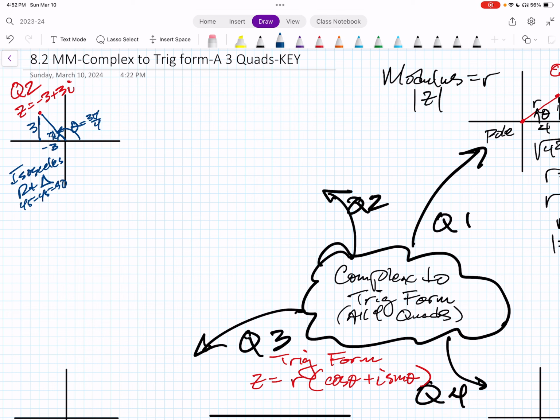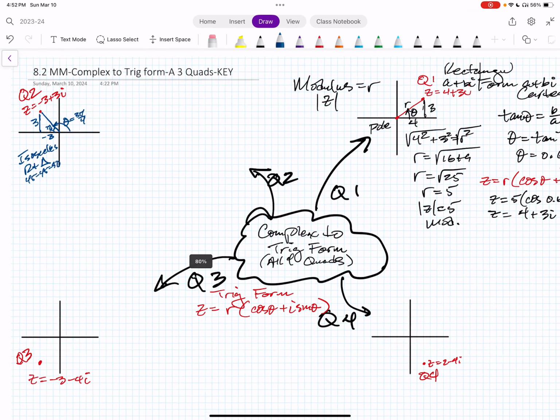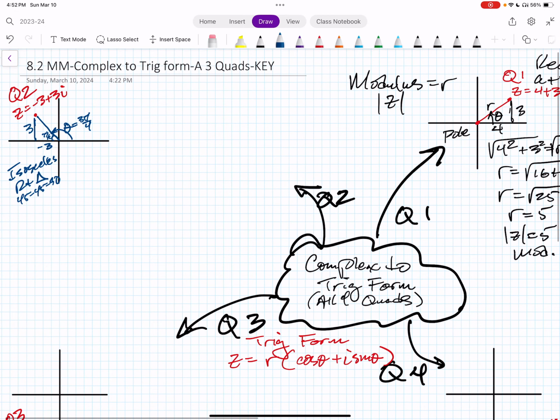But I'll go ahead and take a look at tangent inverse and all that kind of stuff, just to verify everything I'm saying. Okay, so what we want to do is get the modulus. r is the radius or the modulus, same thing. So let's do that. r in general is the square root of a squared plus b squared.